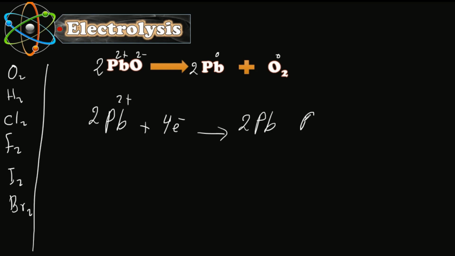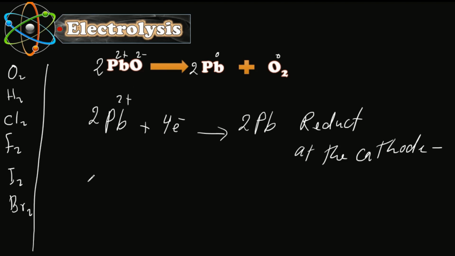This is reduction because it gained. So does this reaction happen at the cathode or anode? At the cathode, because the cathode is negative and this is positive, it will go to the cathode.